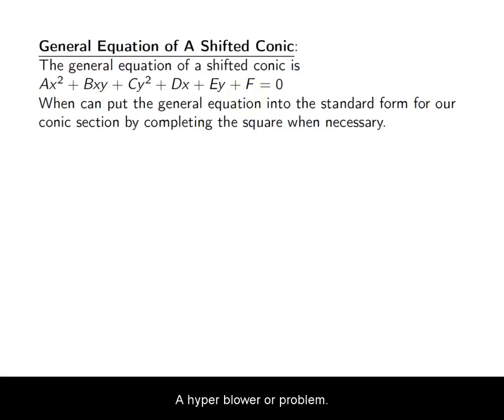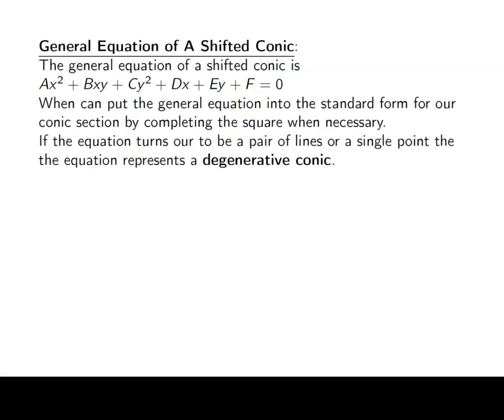Okay, so if we try to put this into the form of whatever conic we think it is by simplifying by completing the square, and it turns into a system of equations, just two lines basically, or a line. Let's say the x squared and y squared terms drop out and the Bxy term drops out, and I turn into just something like Dx plus Ey plus a constant.